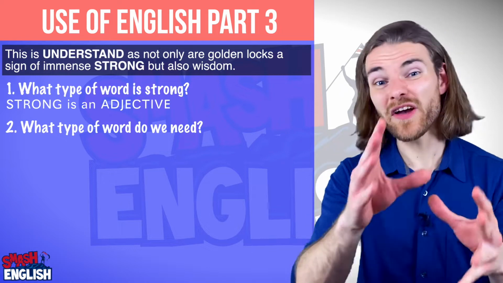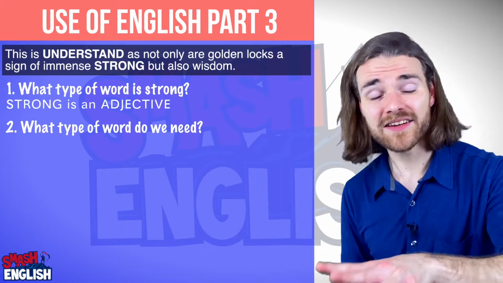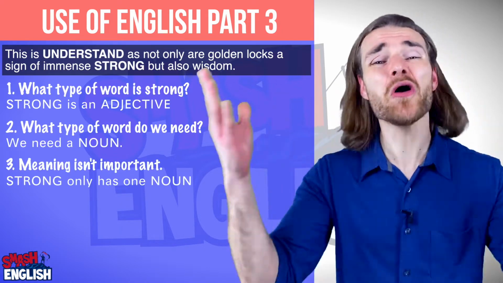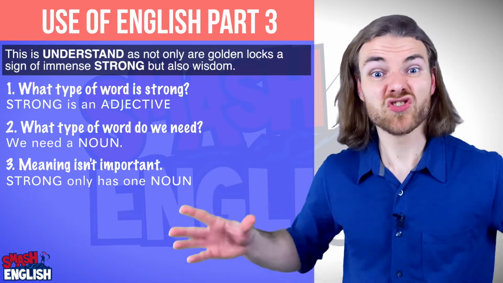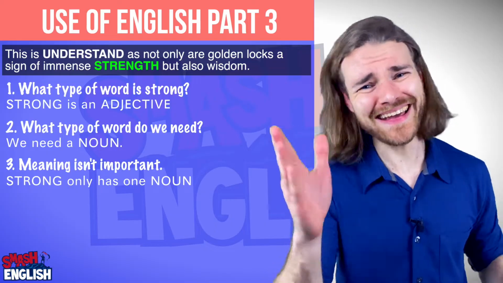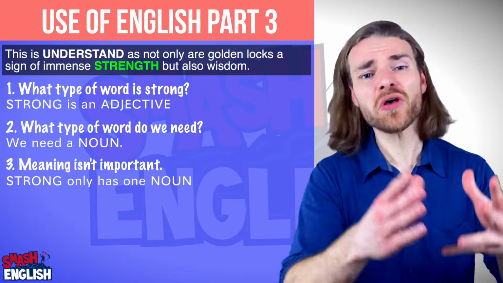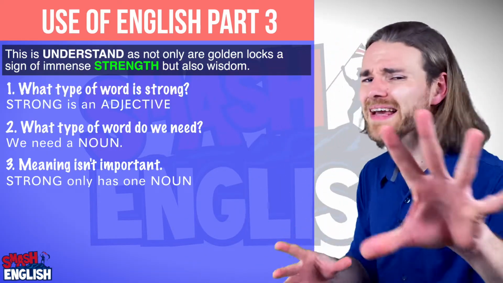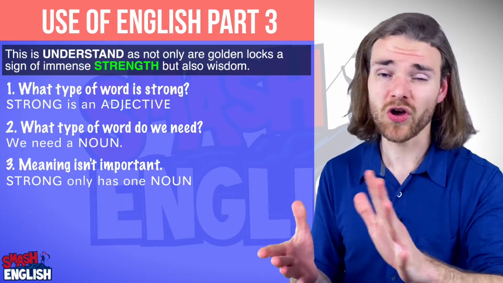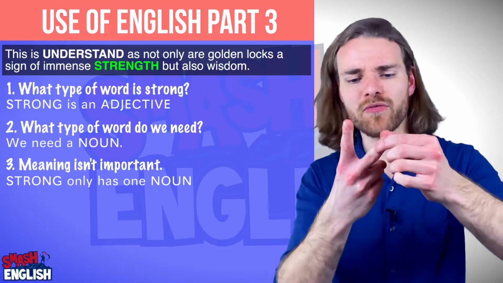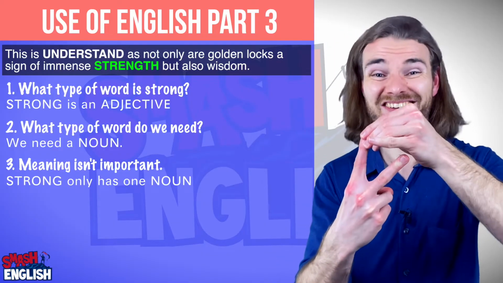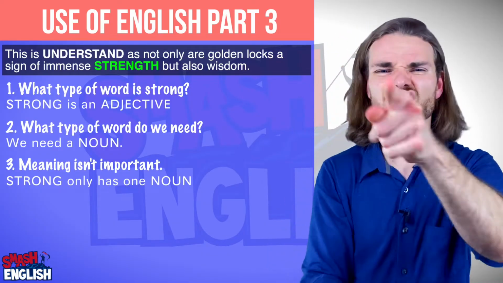A sign of immense, we need a noun. There is only one noun of strong, and that is strength. Wow, easy. This was easy because there is only one noun of strength, so the meaning is not so important. All you need to do is understand what type of word strong is and what type of word we need. Strong, adjective, strength, noun, done.